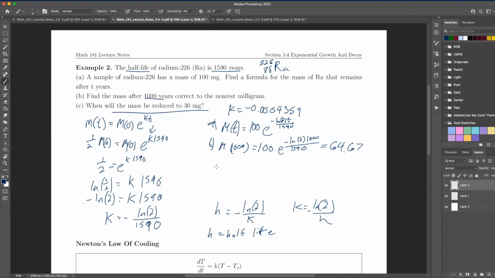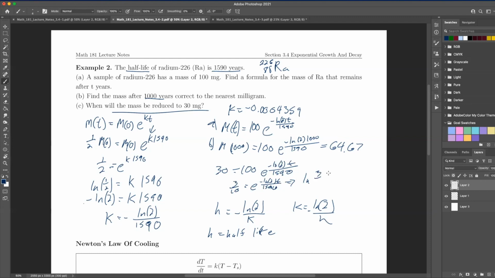All right, so the last one is we want to say how long until it's 30 milligrams. So here we just do this: 30 equals 100 e to the minus ln of 2 t over 1590. Here we divide this out, so I'll get 3/10 equals e to the minus ln of 2 t over 1590.